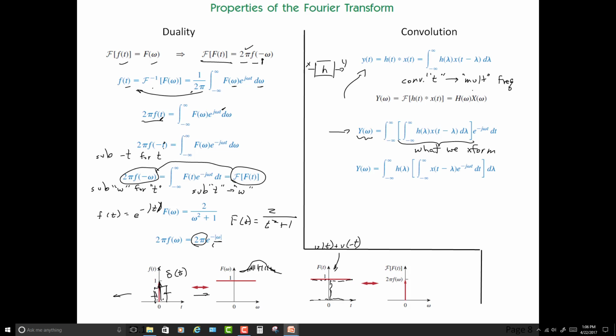Okay? And now we're just going to exchange the order of the integrals. Right? So we're just moving some things around. Since they both have the same limits, we pulled out our h of lambda and said we're going to take that out separately.